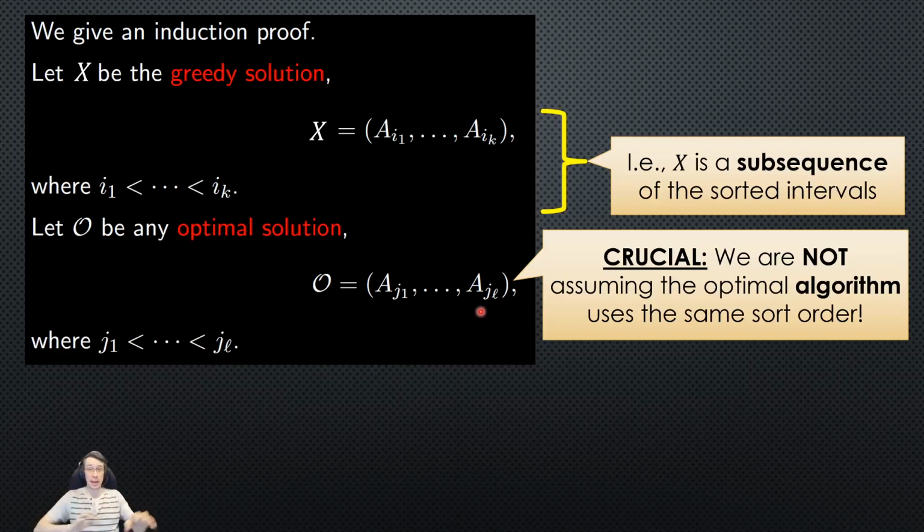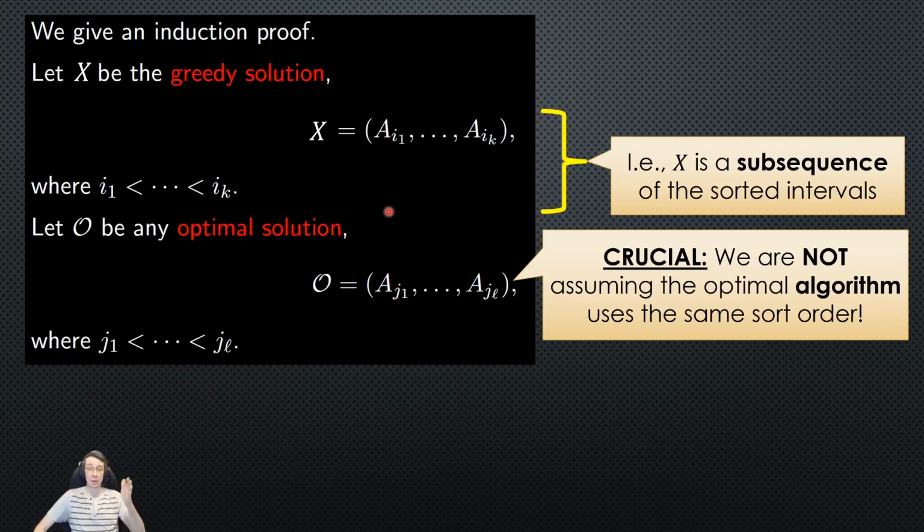Whatever the choices it made, in whatever order it made them, we're imagining that we reorder those choices, because the choices are just intervals. We're imagining that we reorder those intervals according to increasing finishing times. But we're not assuming that the optimal algorithm actually makes the choices in that order. We're just writing them in this order so that we can form a correspondence, a one-to-one mapping between the choices made by our greedy algorithm and the choices made by the optimal algorithm.